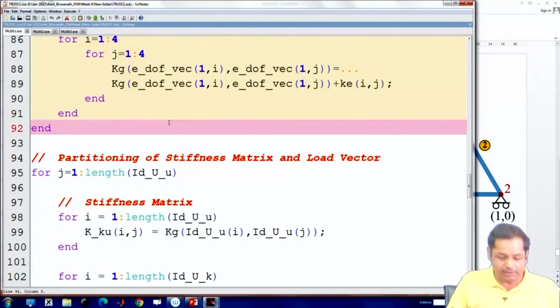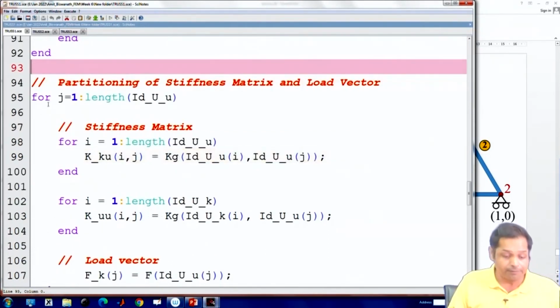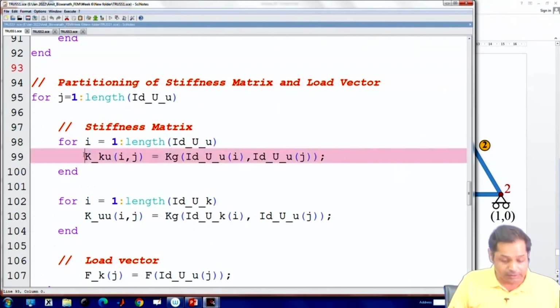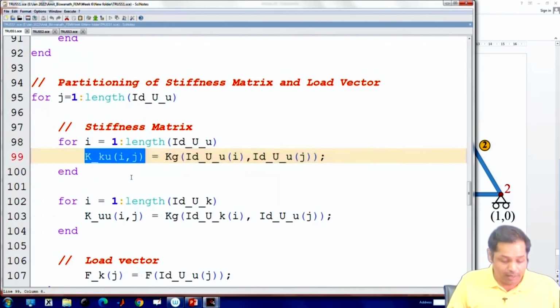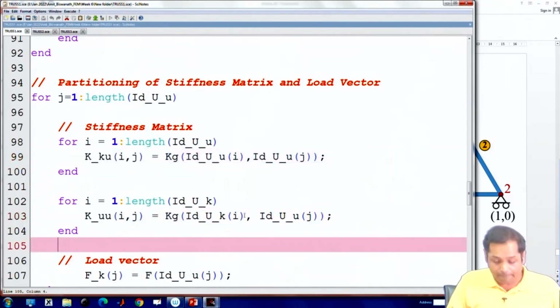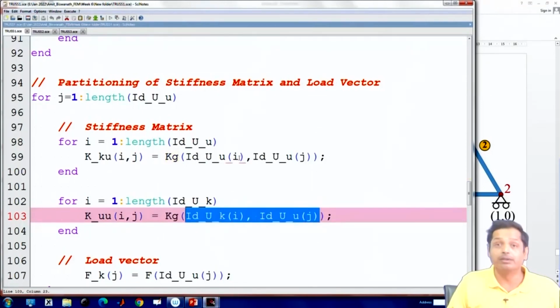Now once you have the global stiffness matrix, next is partitioning the matrix based on known and unknown information. Now we start the solution part, step 5. The partitioning is done here. Ku will be taken from the global stiffness matrix, scooping out this part based on the unknown and known information.